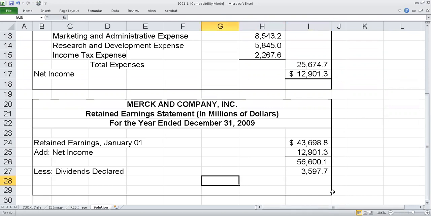Again, notice the dividends is not in parentheses because we're not using parentheses to indicate subtraction. In this case, we come right out and say, hey, subtract it. But there were dividends. There is no such thing as negative dividends. The least amount of dividends a corporation can pay is 0. Right?